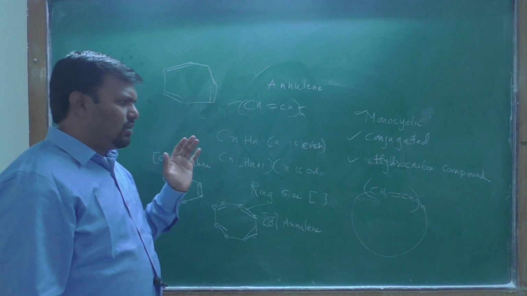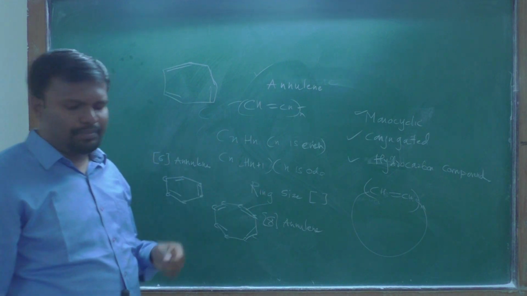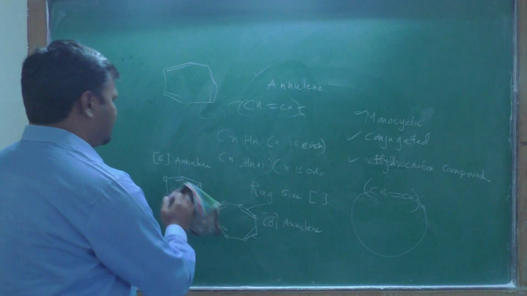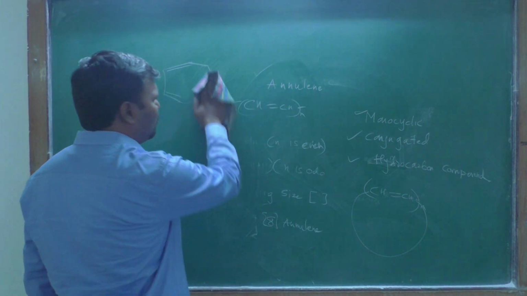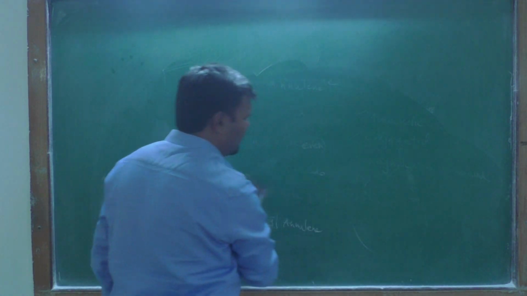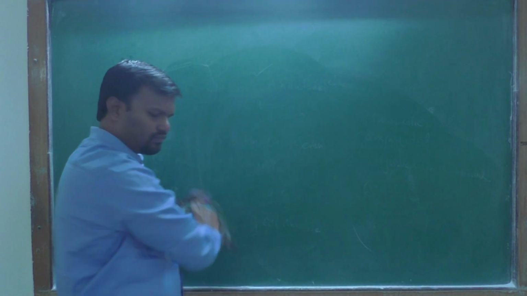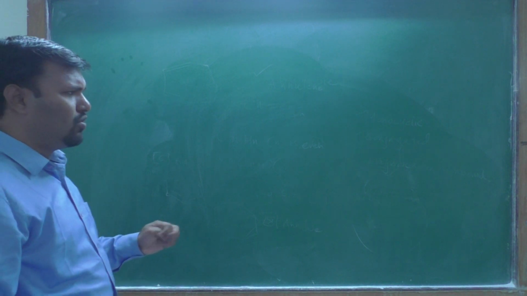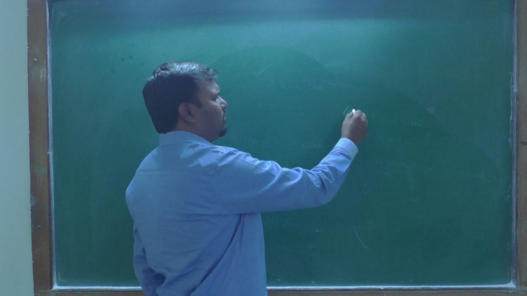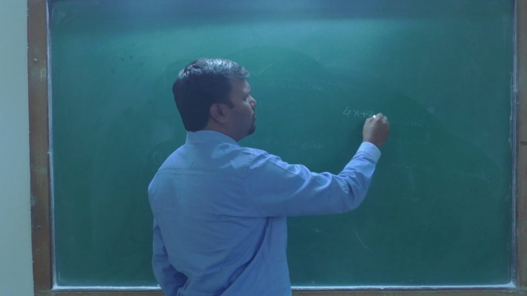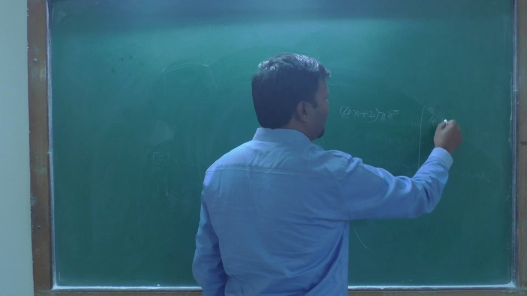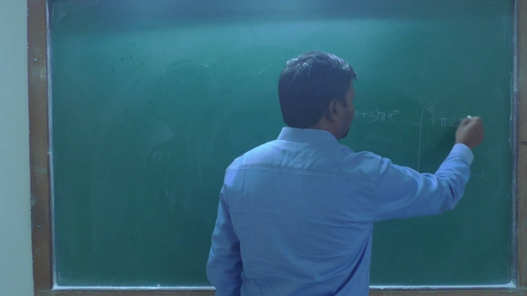Now, let us see some examples from annulene compounds. We will see the examples from [8]annulene to [16]annulene or [18]annulene, and these compounds we will describe under two headings: some compounds having a 4n+2 pi electron system, and some having a 4n pi electron system.